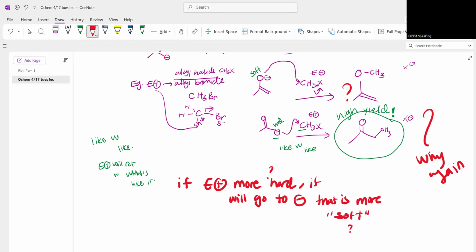Okay, so we've established having a negative on an O is more soft, whereas having a negative on a carbon is more hard. I think it's just because an oxygen can handle electron density better.